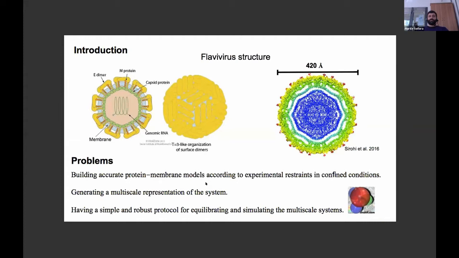Technological advances in computers and experimental techniques such as cryo-electron microscopy are allowing us to simulate and analyze progressively more realistic and huge biological systems.